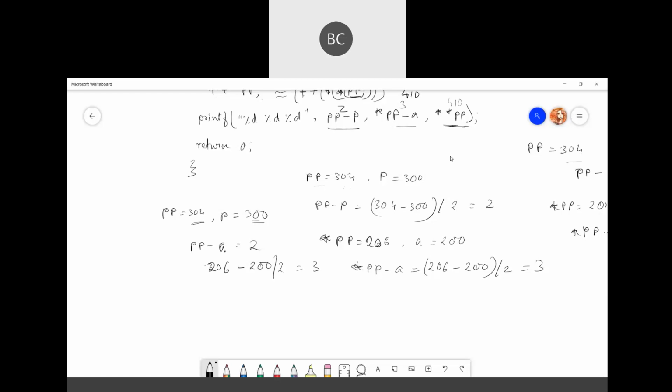Okay, so for the pointer, no matter what the type is, whether it is integer or character or float, double, anything, pointer will take 2 bytes for your 16-bit machine. It will take 4 bytes for a 32-bit machine and 8 bytes for a 64-bit machine. So this is just conceptual. So answers might vary from compiler to compiler.